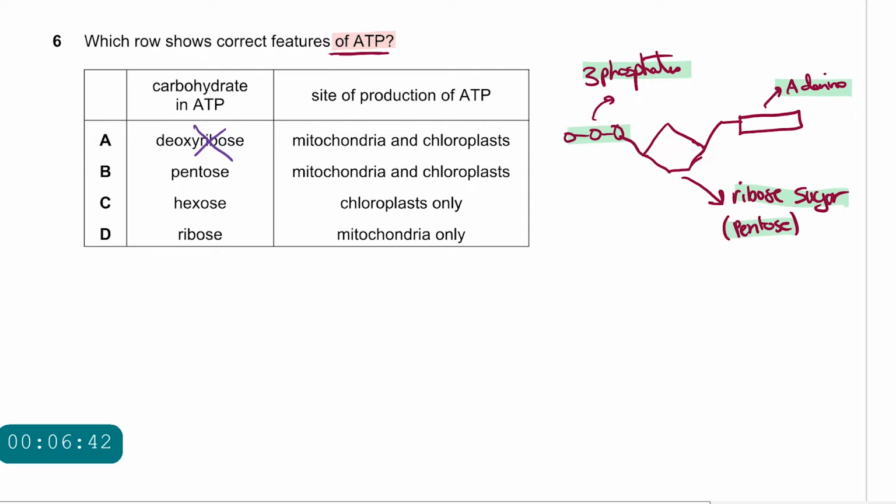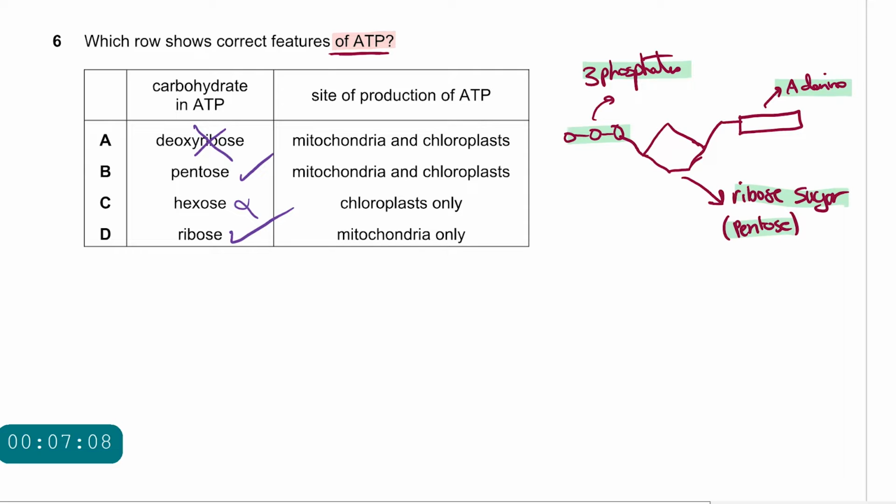This is the carbohydrate actually found in DNA nucleotides, not ATP. For B, we have pentose. This is correct because ATP has a 5-carbon ring sugar. For C, it shows hexose. Hexose is definitely incorrect because we just mentioned it's a pentose sugar. And D, we have ribose. Ribose is correct because it's an example of a pentose sugar.